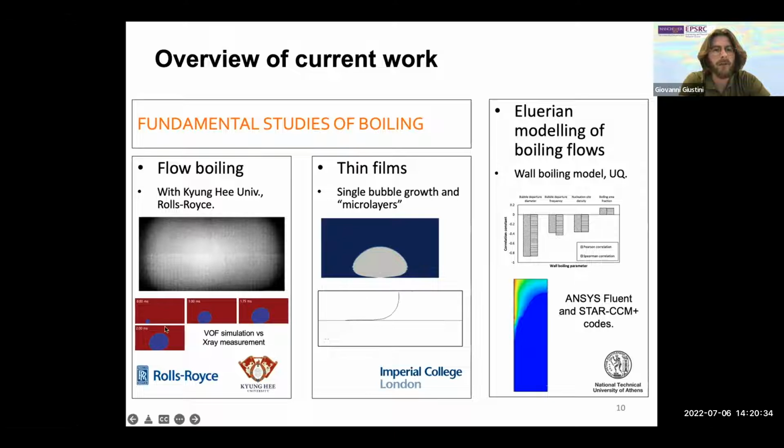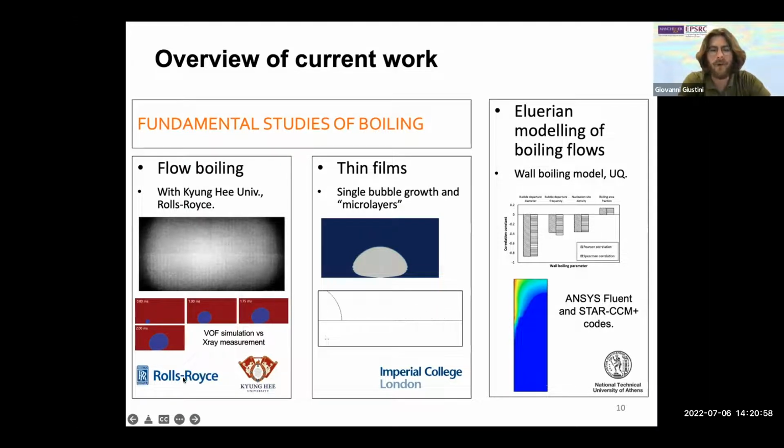Here the grayish video has been obtained from X-ray measurements of a steam bubble growing and collapsing due to condensation in subcooled flow boiling conditions in a small diameter channel. And we are trying to reproduce this with interface capturing volume of fluid simulation.